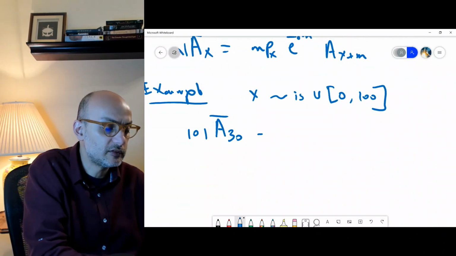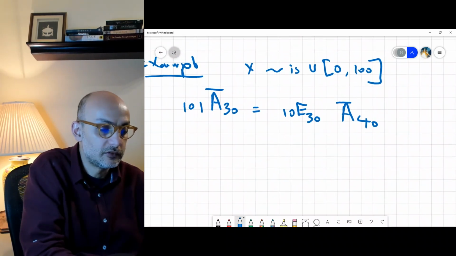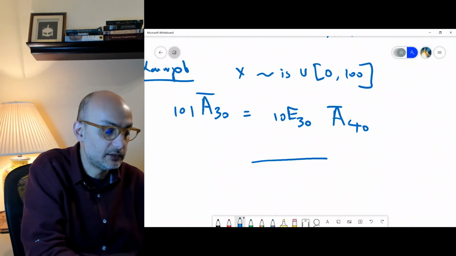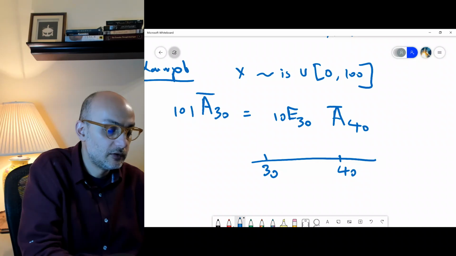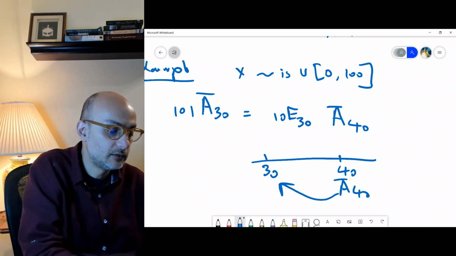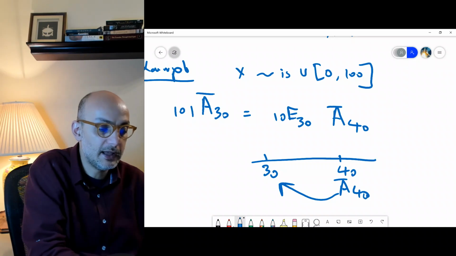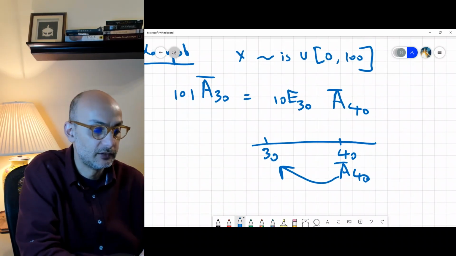We know what this is. We write it as deferred 10 years, and the individual is shifted to 40, so we have A_40 and need to bring it back to age 30. How do we bring it back? We use the discounting factor.